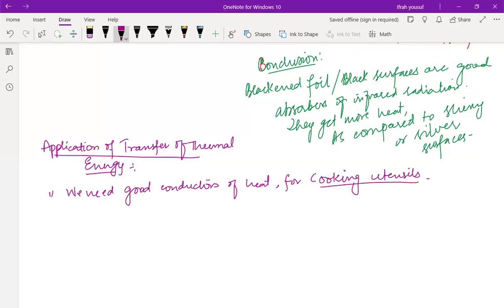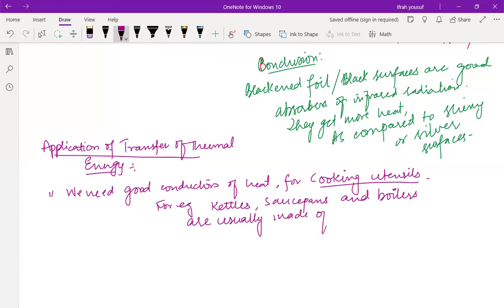For example, kettles, saucepans, and boilers, right, are usually made up of aluminum or stainless steel.